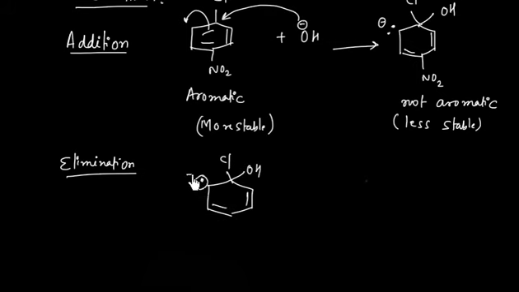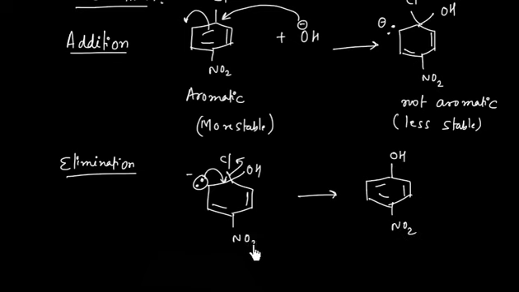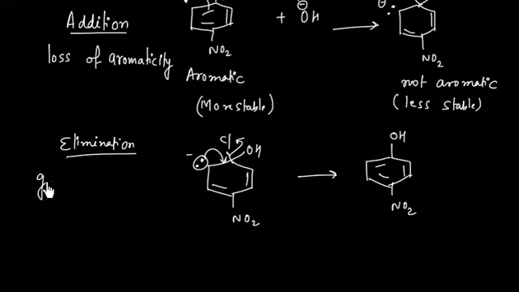This lone pair pushes out the chlorine group to regain aromaticity. Now this compound is again aromatic. So you see, the first step, addition, is the loss of aromaticity, and the second step, elimination, is the gain of aromaticity.